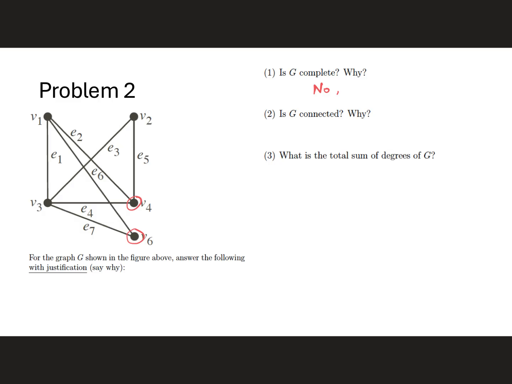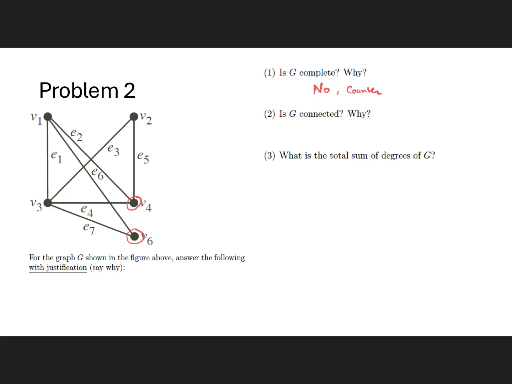And a counter example, to prove something false, you just need to show an example that it is false. To prove something true for all cases, you have to have a generalized proof. So here we just need to show a case.